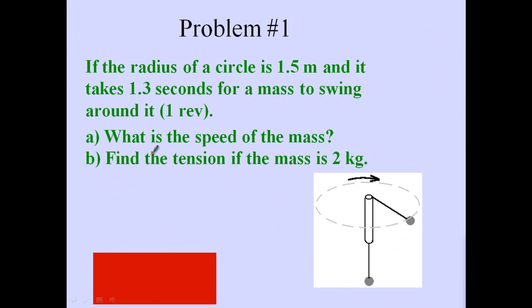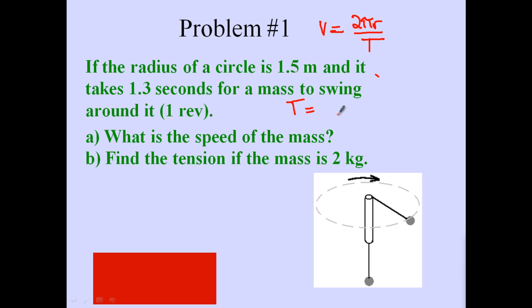So problem number 1. If the radius of a circle is 1.5 meters and it takes 1.3 seconds for a mass to swing around it, which is 1 revolution, what is the speed of the mass? And we need to find the tension if the mass is 2 kilograms. So we know that our velocity equals 2 pi r over big T, but what's our big T equal?